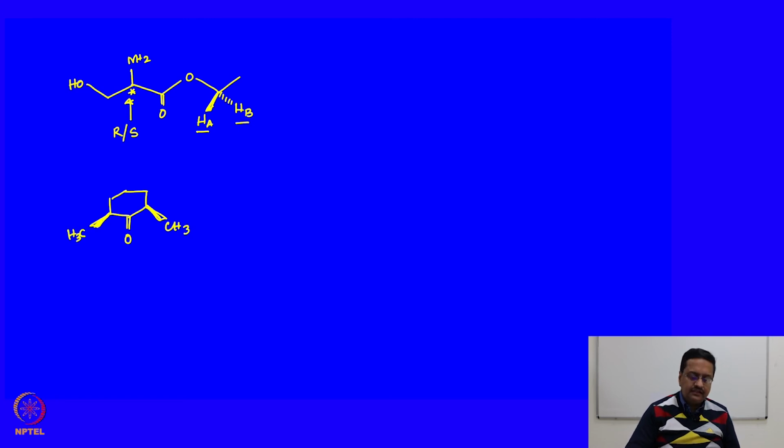As you see here, it is a ketone, and this ketone has two faces. One is from the top of this projection and the other one is from the bottom of this projection. So, find out the topicity of these two faces. The next example or next homework is this molecule.